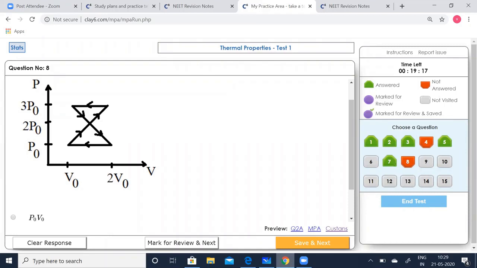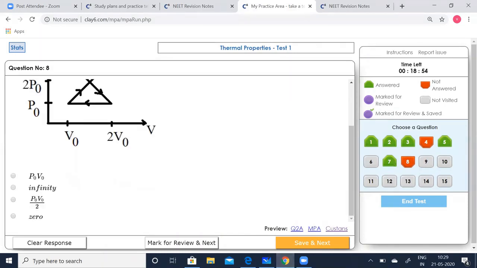So obviously we saw in the clockwise, the work done is going to be positive. And the second one, that is OCDO, the lower triangle, is anti-clockwise, so it is going to be negative. But the areas are equal. Both the areas are equal, so the net work should be 0. All right, so mark 0. Go to the next question.